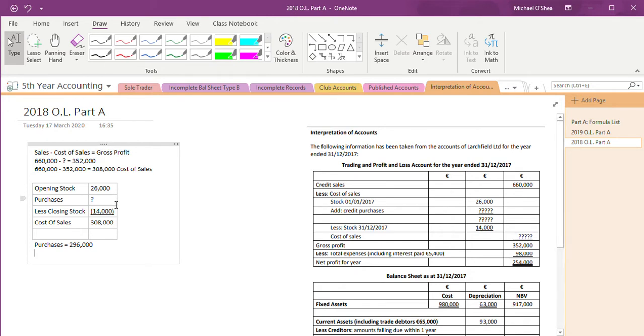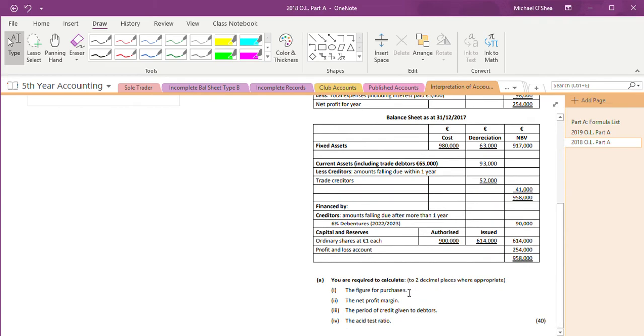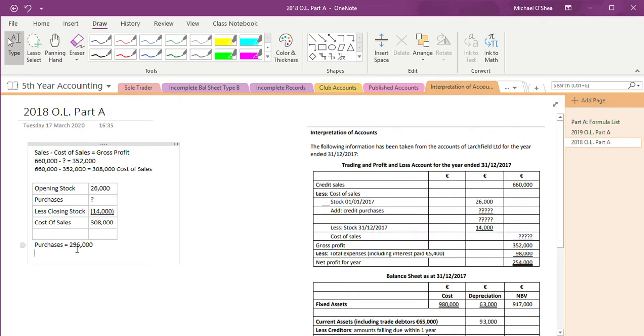Again, 26,000 plus X minus 14,000, say 12,000 plus X equals 308,000. 308,000 minus 12,000 is 296,000. That's my missing figure, which is what I was asked for in the question, the figure for purchases. It's euros. The euro symbol isn't on OneNote for that command, so I'll just type in euros here. Obviously, I'll be writing the euro symbol. So that's the first one in part A.